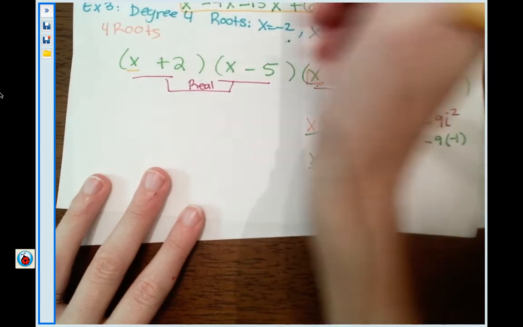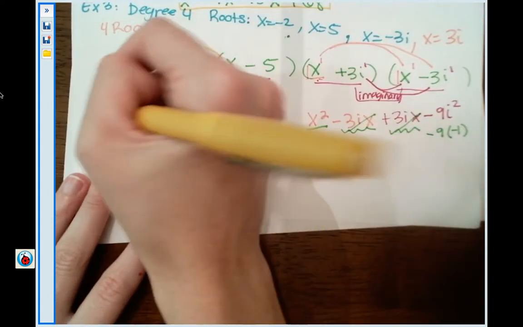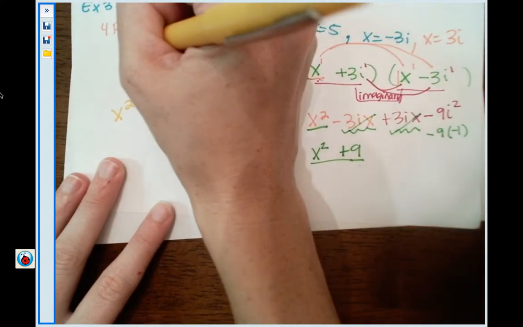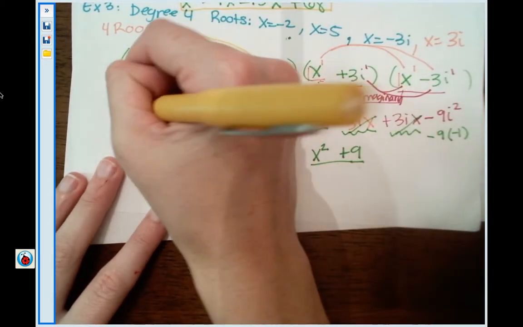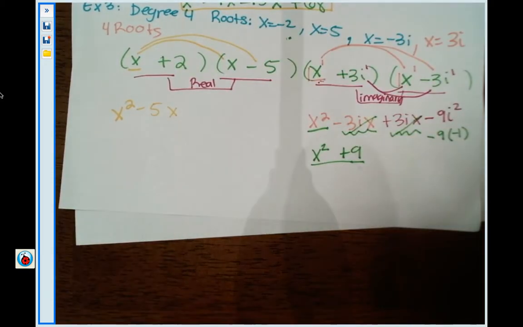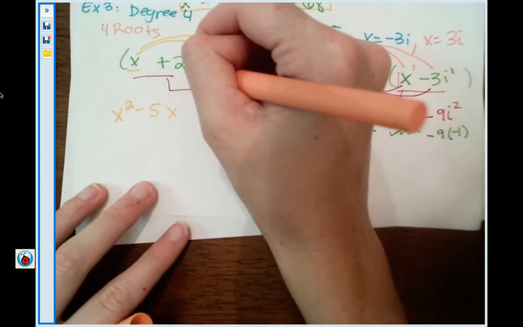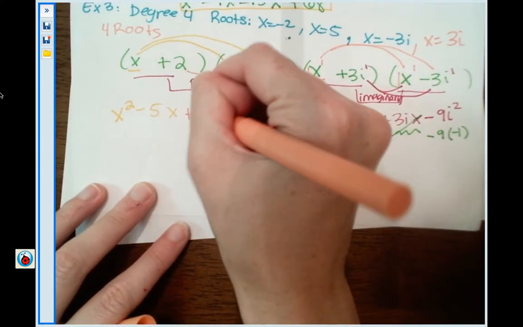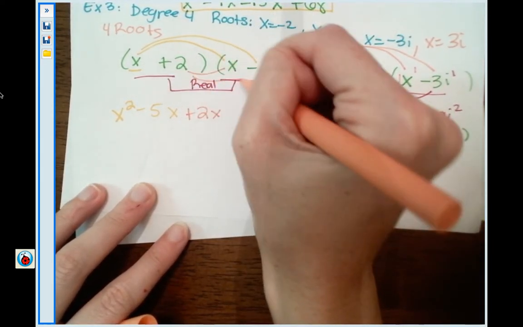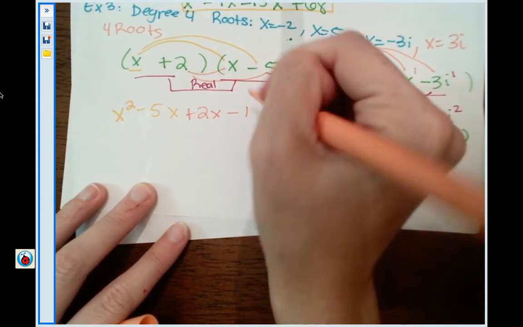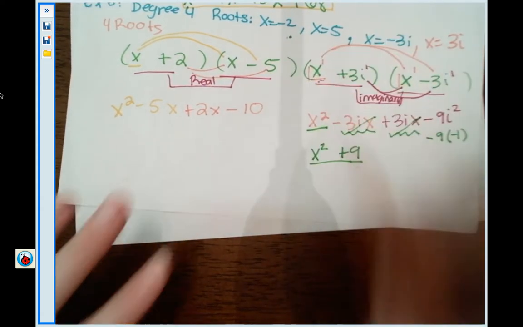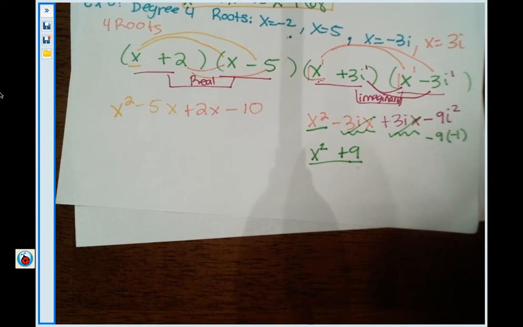So start with x. So x times x will give me x squared. X times -5 will give me -5x. 2 times x will give me a +2x. And 2 times -5 will give me a -10. Alright, let's combine like terms.